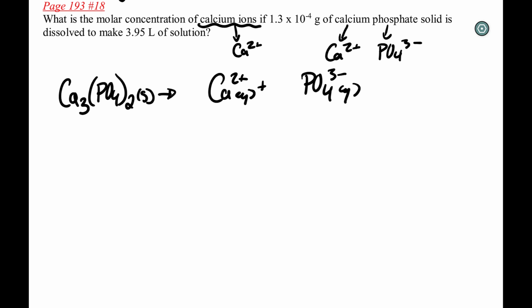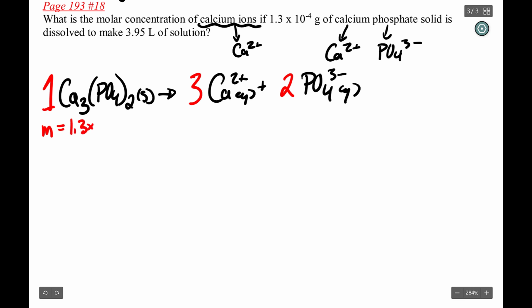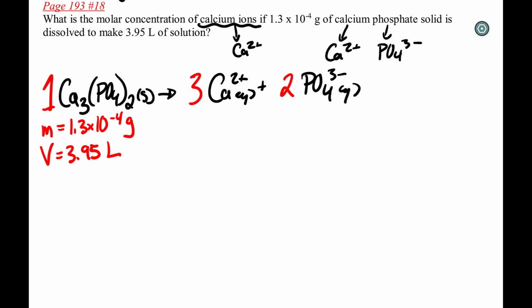And then we got to balance it, so we're going to need 3 moles of calcium ions, 2 moles of phosphate ions, 1 mole of my solid. Write down all the information we know, so the mass here is 1.3 times 10 to the negative 4 grams. Our volume here is 3.95 liters. No need to convert.